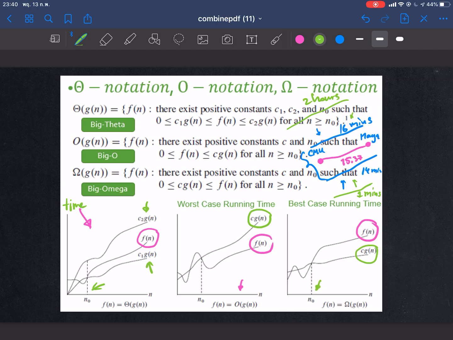So it always uses less than, right? And less means faster, better performance. So this is the best case running time bound, big omega. Okay, and this is the concept of asymptotic notation. Thank you.